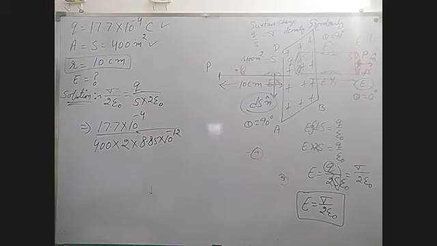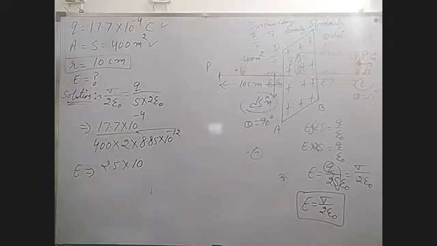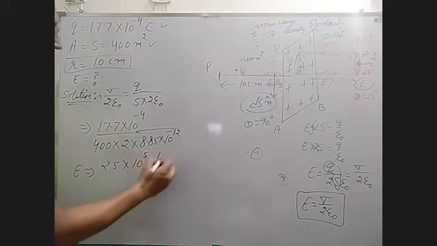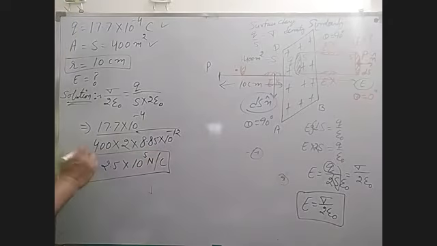Now solve it. After solving, you get the value of electric field 2.5 into 10 raised to the power 5 newton per coulomb.